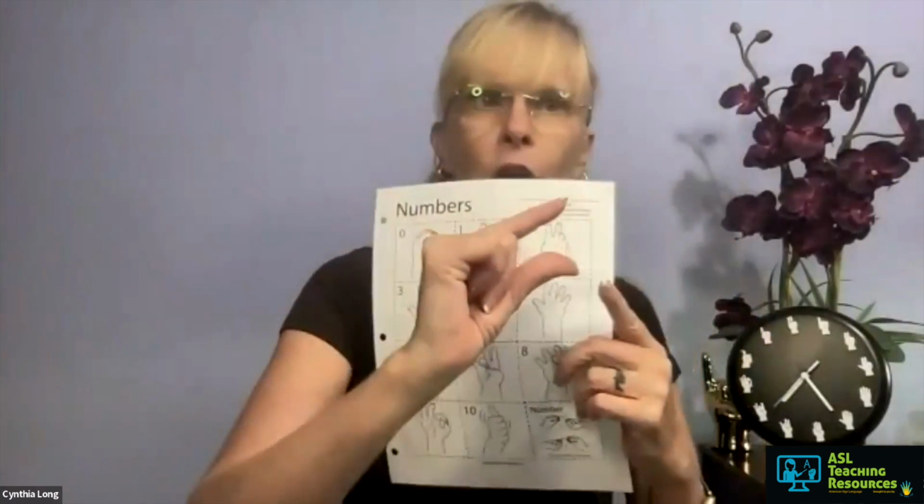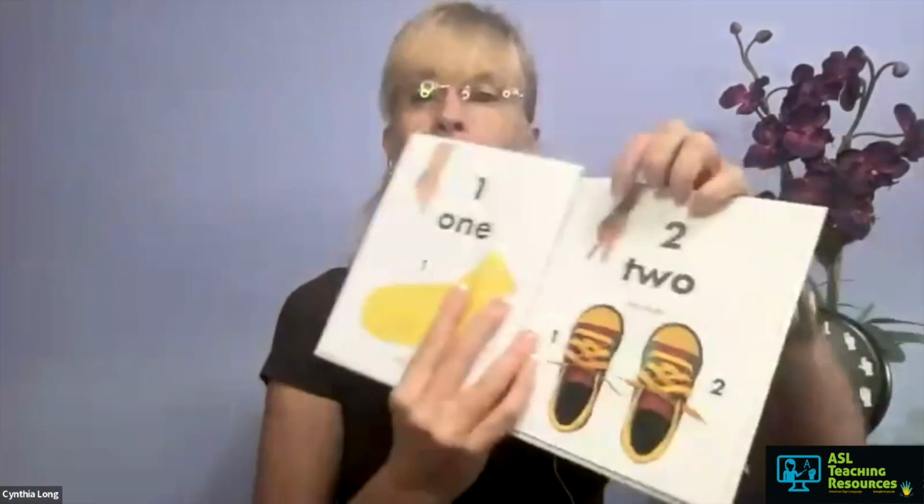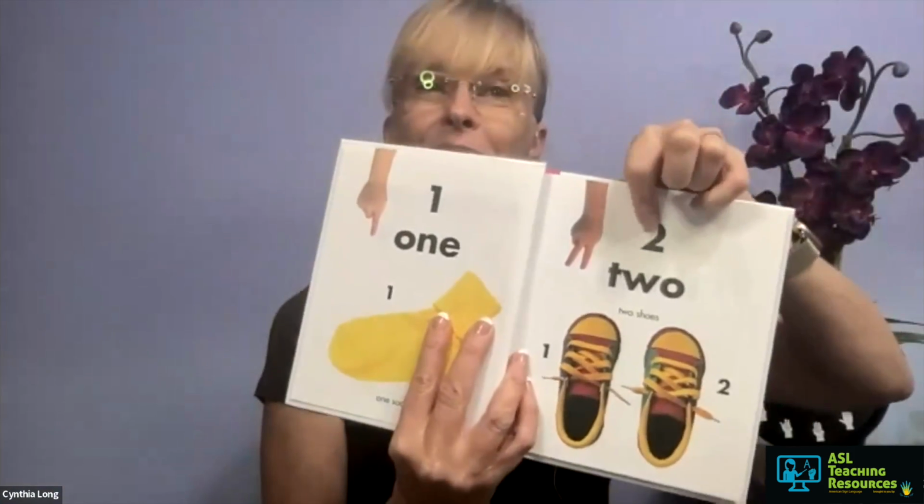You can print them smaller or bigger, and then you cut them out, and then you just tape them in the book so that when the children are reading, they have the signs to support them independently.